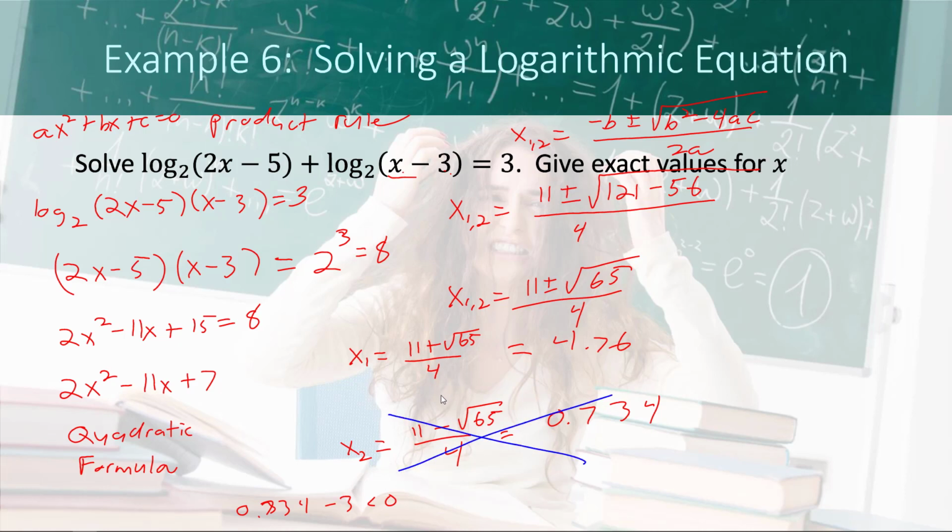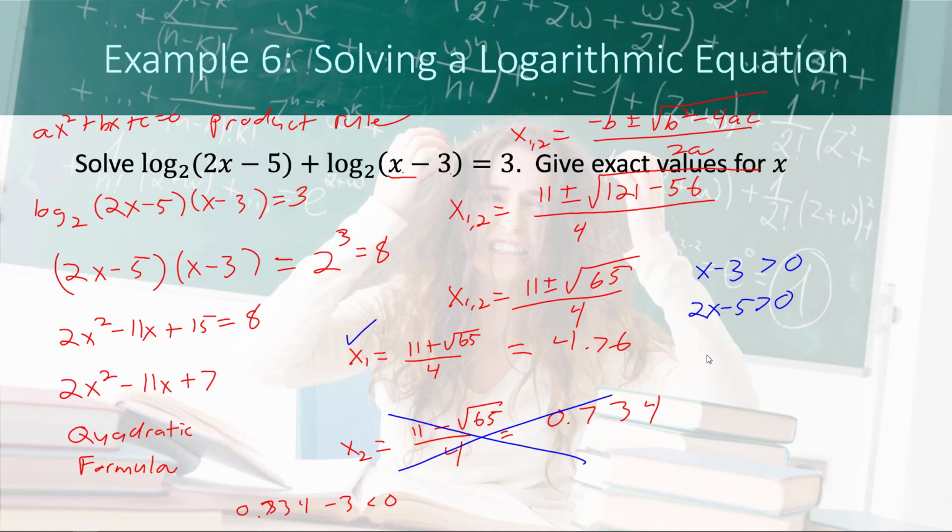What about x sub 1? Well, in this particular case, x minus 3 is still greater than 0. And also, 2x minus 5 is also greater than 0. So basically, all these arguments are positive, and as a consequence, this solution is acceptable.